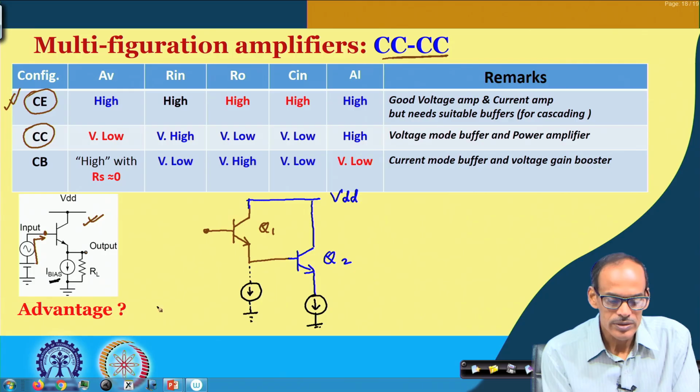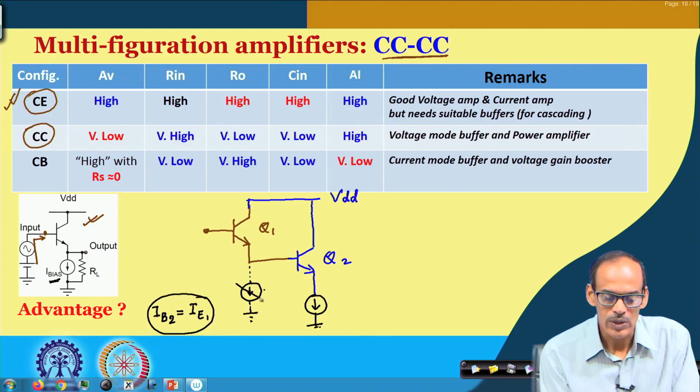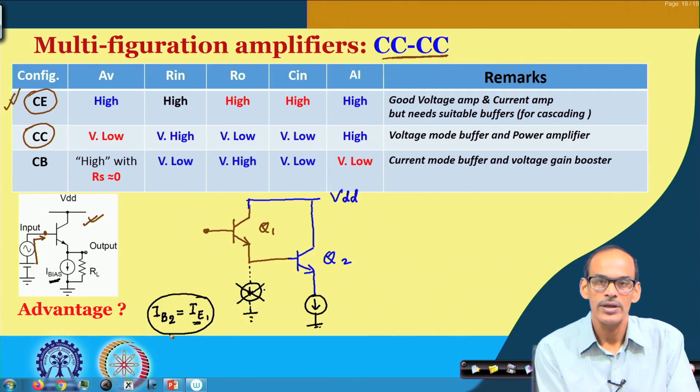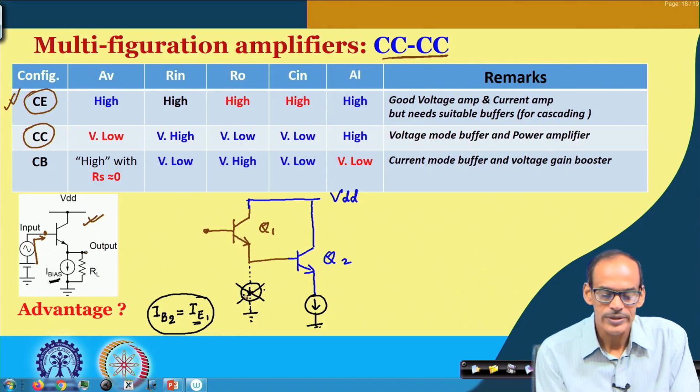If we do not have any bias current here, it means that the base current of the second transistor is the same as the emitter current of the first transistor. If this is satisfied, then we do not require it. Otherwise, if the emitter current of transistor 1 is higher than the required base current of the second transistor, then we may require this bias circuit.